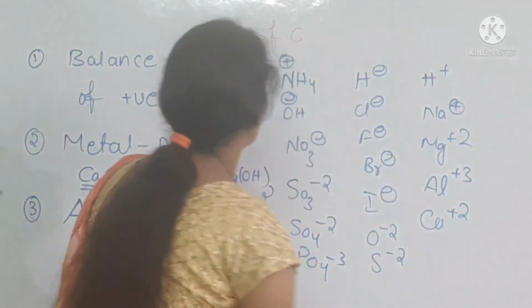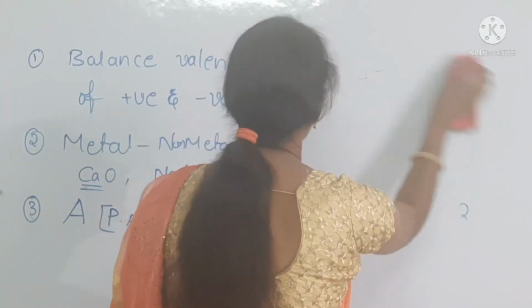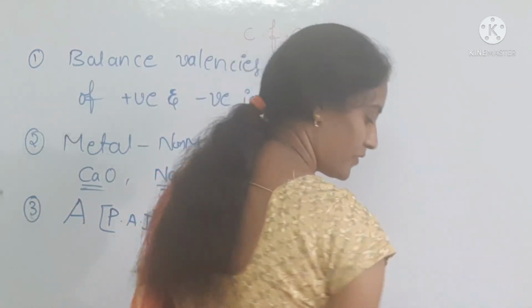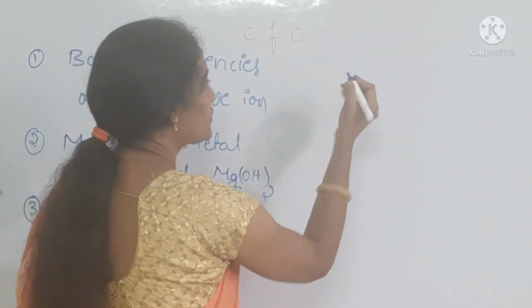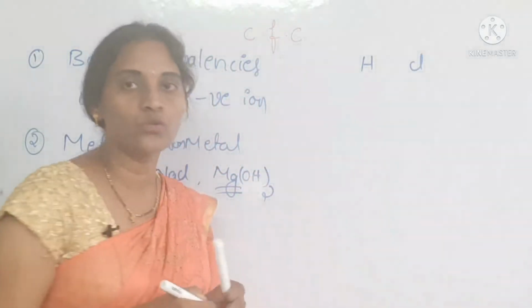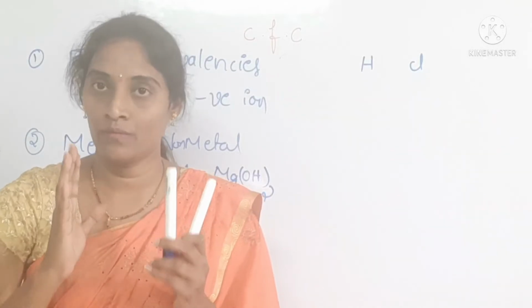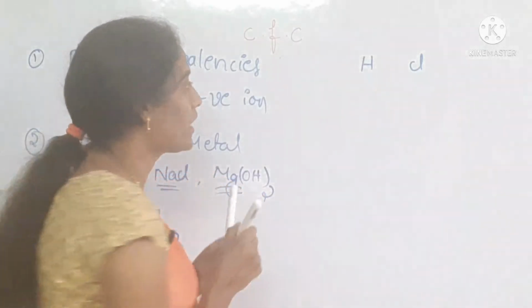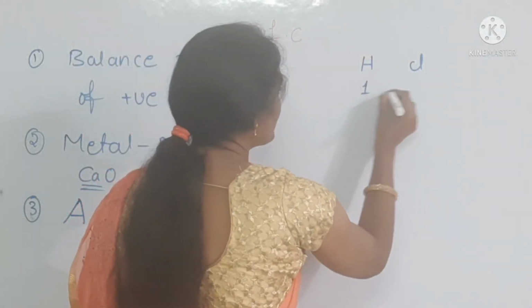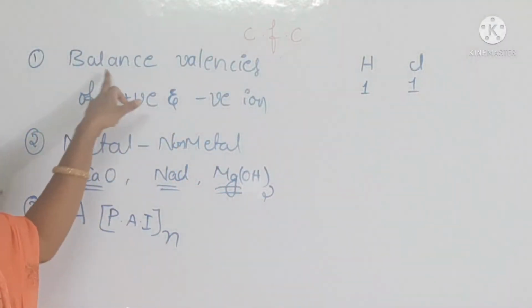Now we can go to write chemical formulas for some compounds. Simple example, students. Hydrogen chloride, I am going to write the formula for hydrogen chloride. For this one, we should first of all write the symbols of the particular atoms. Then after, you have to write the valencies of those atoms. After that, what is the first step here?